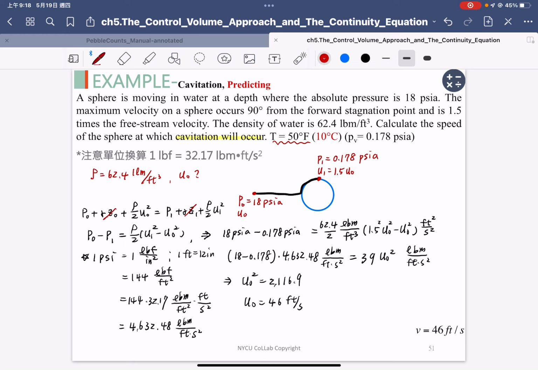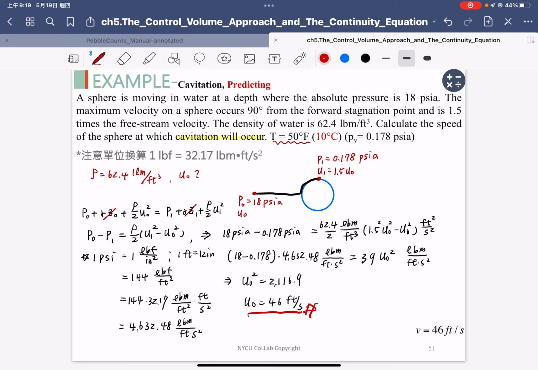Okay, so you can compute the velocity for the Venturi, which will be 46. If your velocity is higher than 46, you will have the cavitation phenomenon.